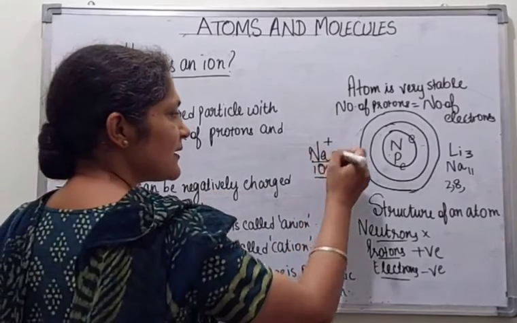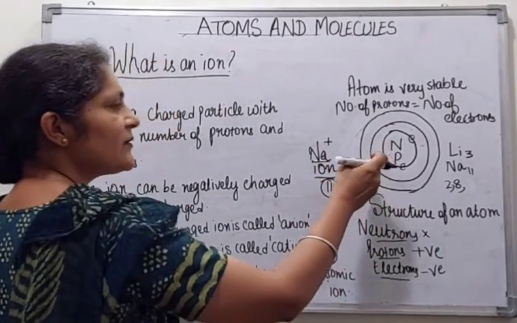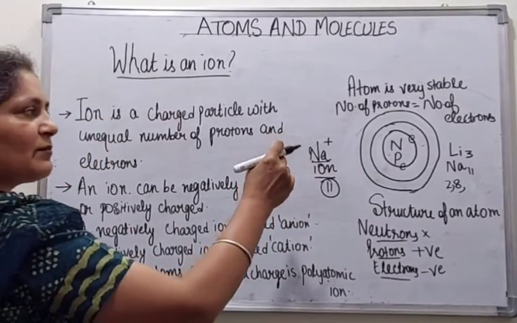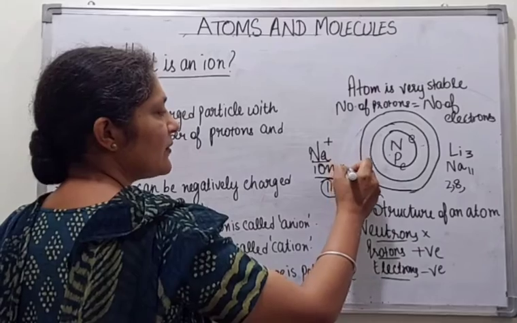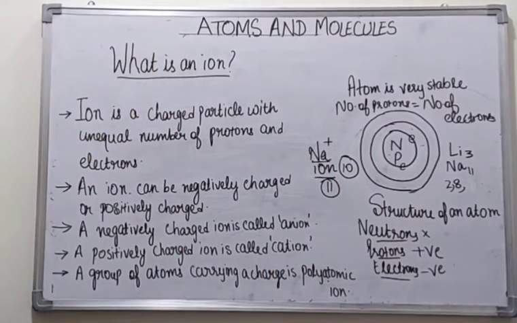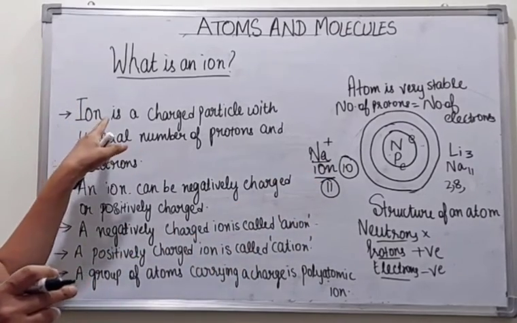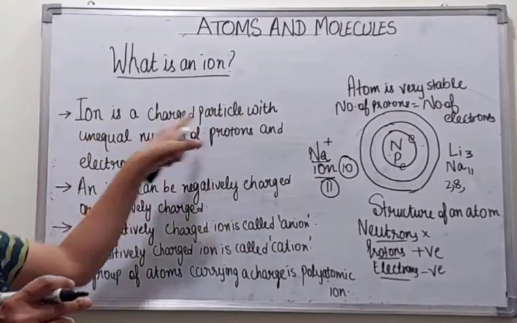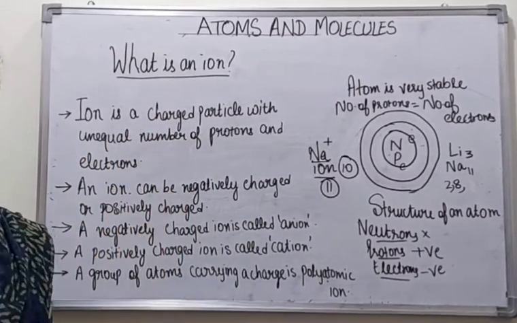Here the number of protons will be 11, but the number of electrons is less by 1. So the sodium ion will contain only 10 electrons.